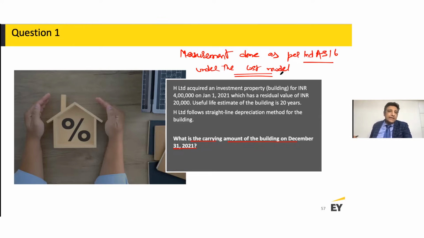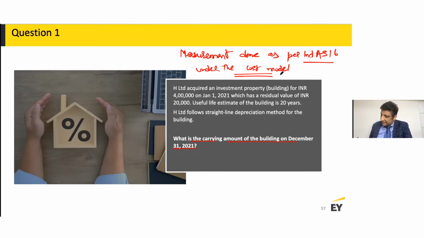Essentially, Ind AS 40 only permits the cost model accounting, and the entire accounting with respect to the carrying value calculation, with respect to the charge of depreciation, etc., is all driven by Ind AS 16, that is property, plant and equipment. And that is where this question becomes a fairly straightforward question to us.